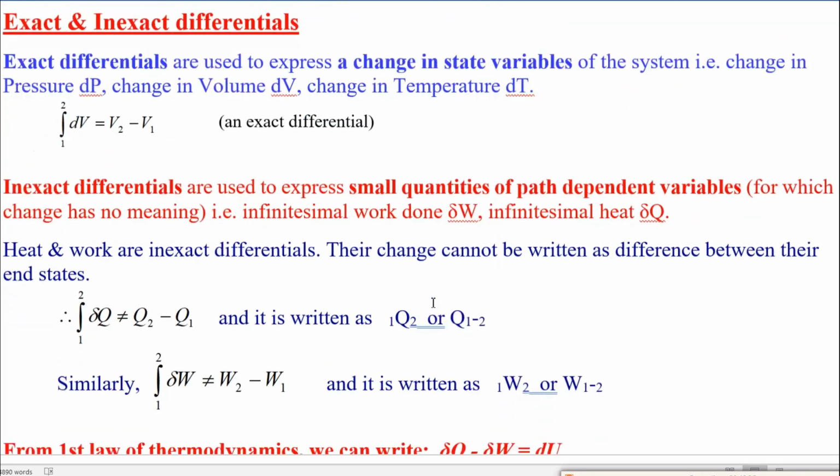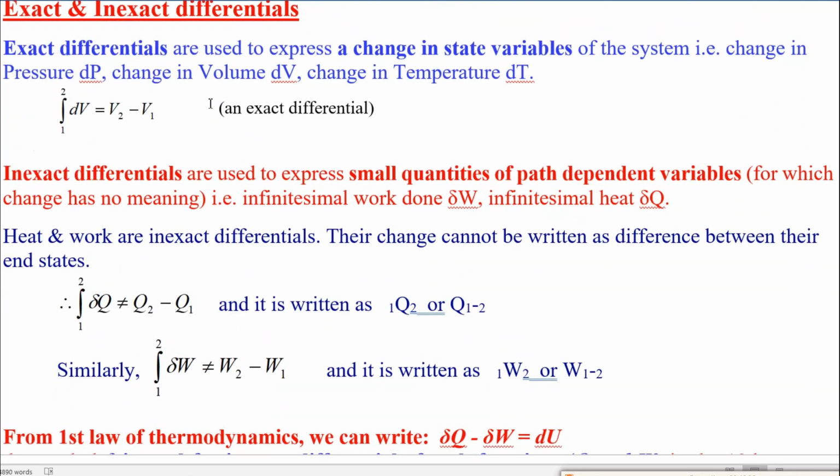Now, exact and inexact differentials. For the previous topics, I have already told you the integral of dV is equal to V2 minus V1. This is called an exact differential. But in the case of inexact differentials, for path functions, for work transfer or heat transfer, the integral from 1 to 2 of del Q, we write del for the heat transfer and del W for work, and D for change of volume, dV.